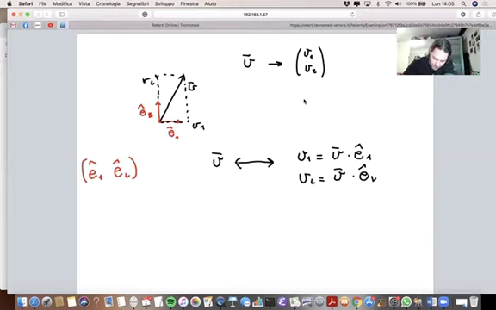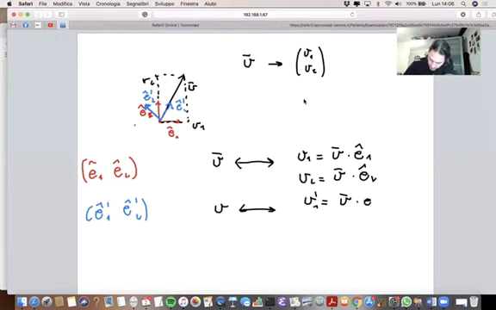For instance, I might choose this representation, which I denote with e prime 1, e prime 2. If I change representation, my vector v will now be represented by different mathematical objects: v prime 1, the inner product with e prime 1, and v prime 2, the inner product of v with e prime 2.